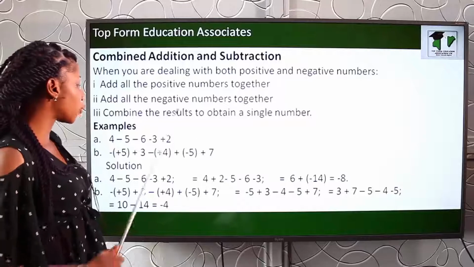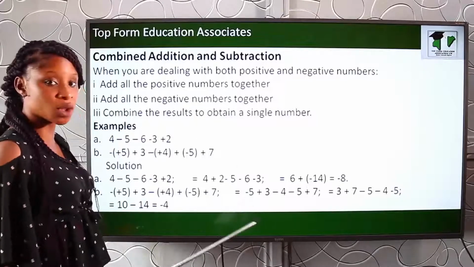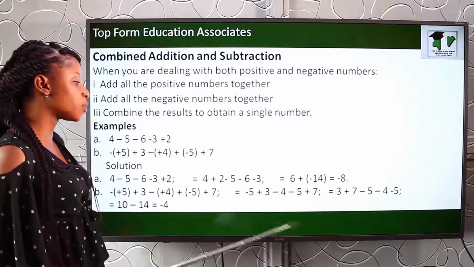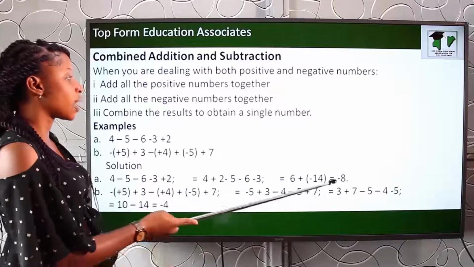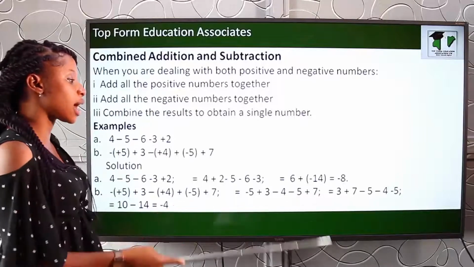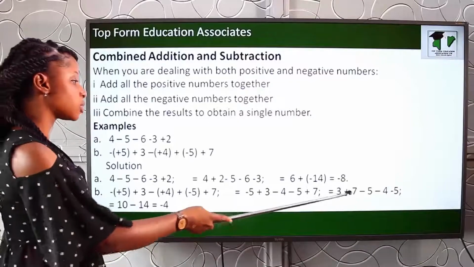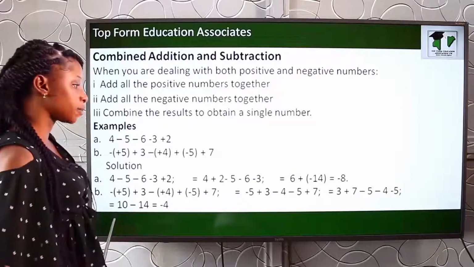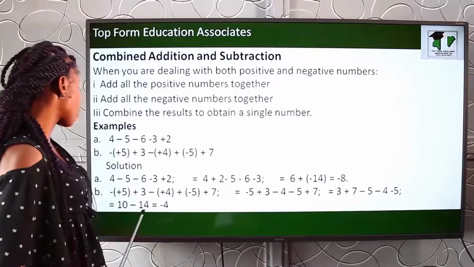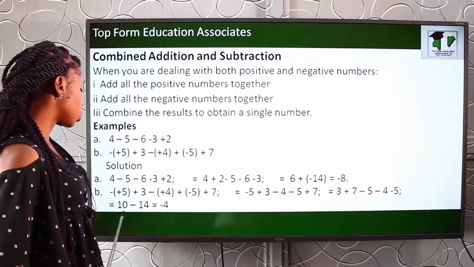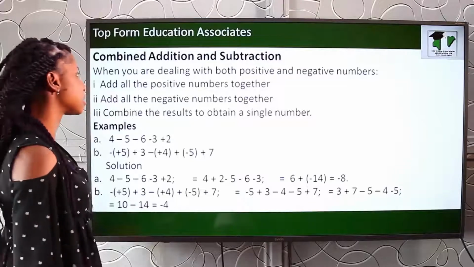So, if we follow the rules, we are going to add the positive numbers together. The positive numbers here are 3 and 7, and we're going to add the negative numbers together. When you add the positive numbers together, you get 10, and when you add the negative numbers together, you have 14. Now, when you do the sum, you have minus 4. It's as easy as that.